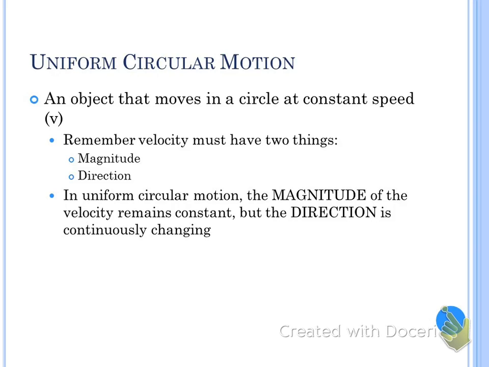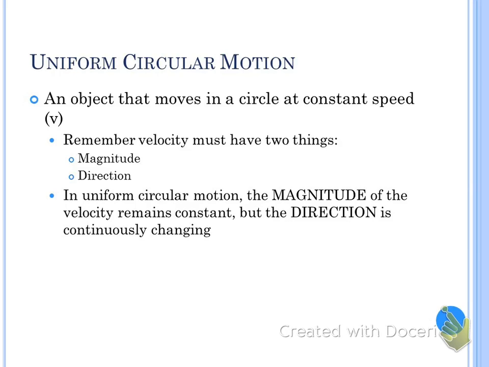It's not speeding up or slowing down, but it's always changing direction as it moves in its circular path. So the magnitude of our velocity stays the same, the direction of our velocity changes.